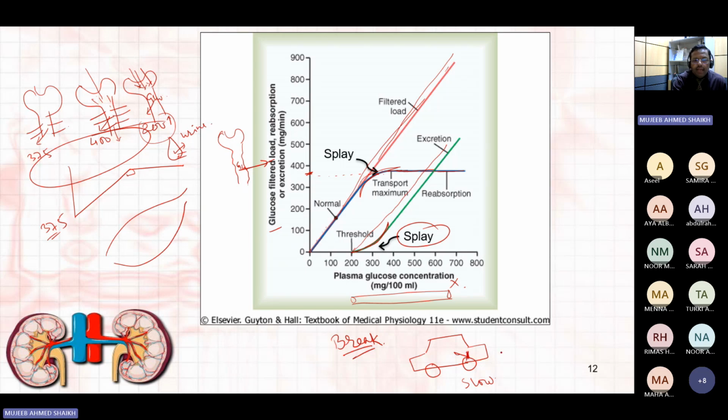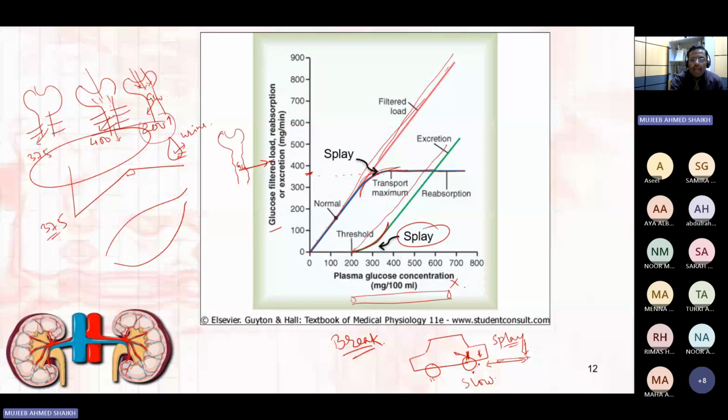But is it like when I press the pedal or press the brake, immediately the car will stop here? It is not always like this. There is some distance the car will travel. When we apply the brake here, the car will stop at this point. This distance is known as splay.